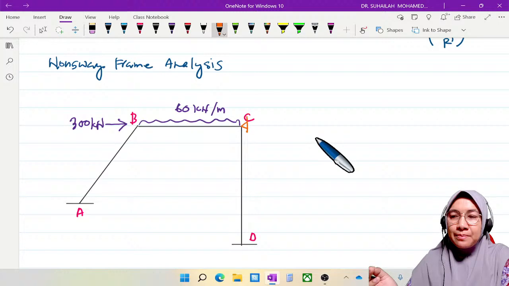The definition of a non-sidesway frame is that it must be symmetry or properly restrained. So this is now properly restrained.